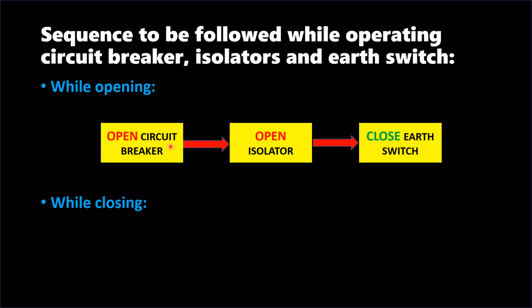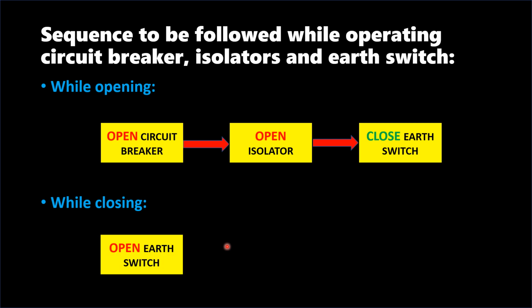It means the sequence is opening the circuit breaker first because a circuit breaker can be operated on load condition. The isolator is opened after the circuit breaker because the isolator always operates on no load condition, and whatever charge is still remaining on the line you need to earth, and that is why you have to close the earth switch, so that the remaining charge on the line will go to earth. This is the sequence for opening.